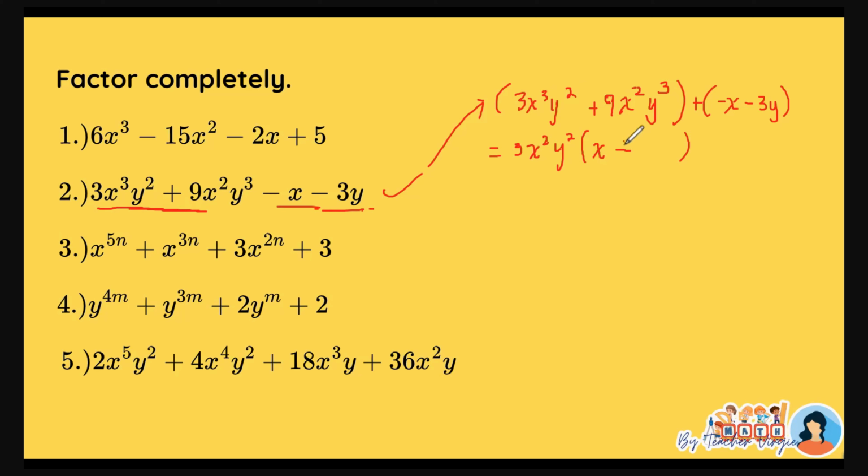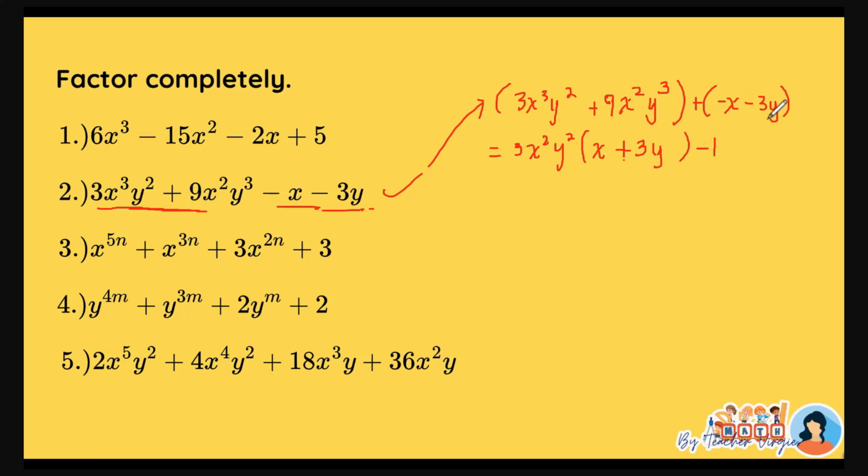Next, addition. 9 divided by 3 is 3. x squared divided by x squared is 1. y cubed divided by y squared is y. So our remaining factor of this group is x plus 3y. As you can see, our second group is already prime, but let's take out the negative sign. So let's write negative 1 here.